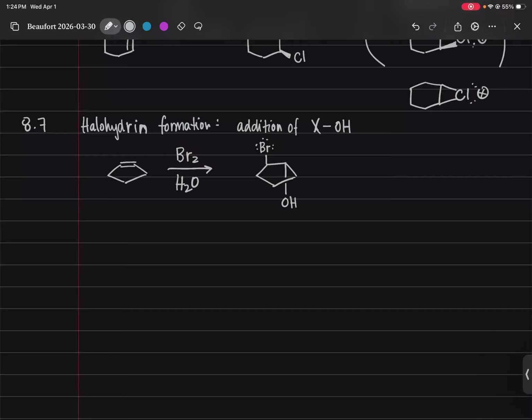Okay, so that's the product, and I'll show you the key mechanistic step. Right, and so this proceeds just like the one above. Do our SN2.